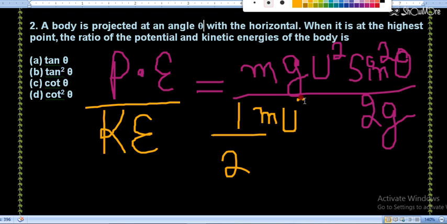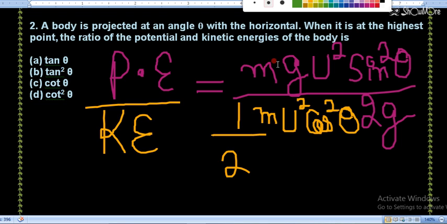So it will be half m v square, squaring the velocity component at that time, so it will be u square cos square theta. So I hope it is clear. With two different colors I have written the values. This color indicates the value of potential energy and this color indicates the value of kinetic energy.